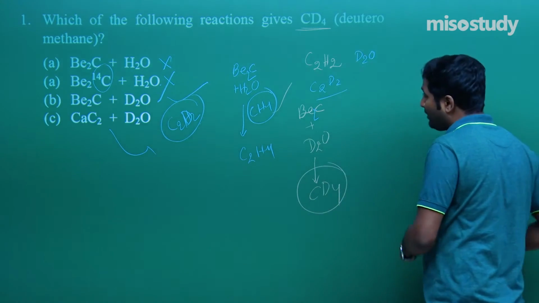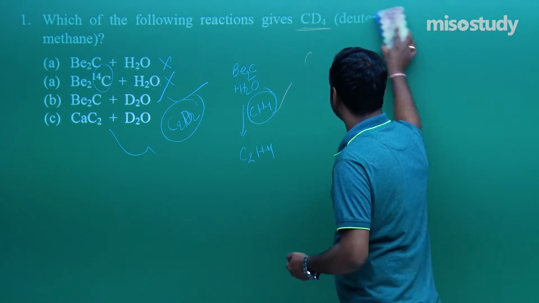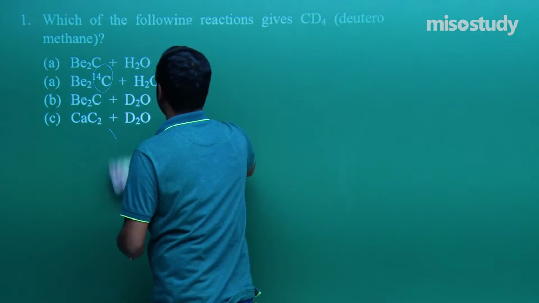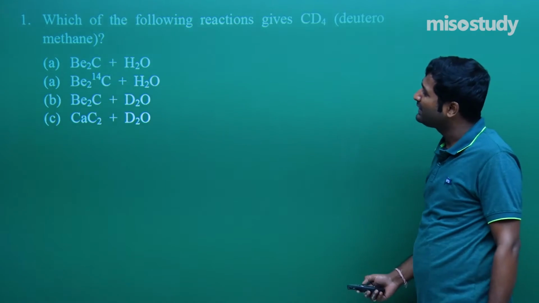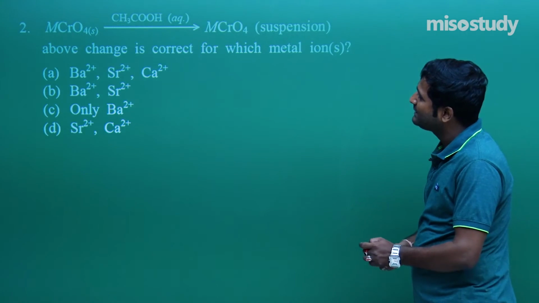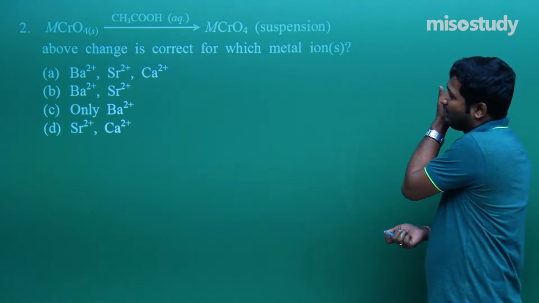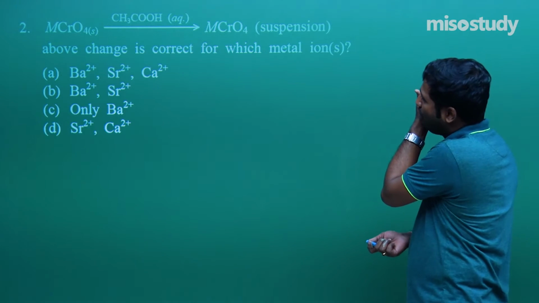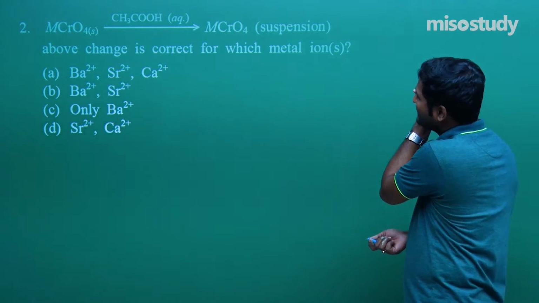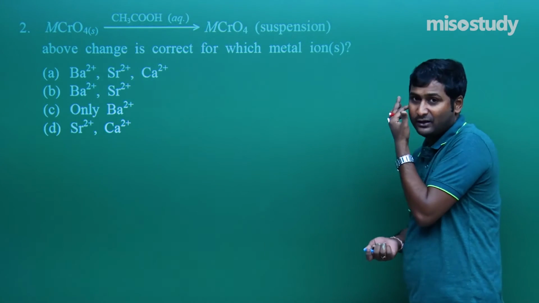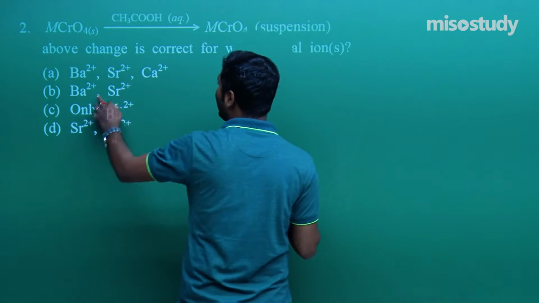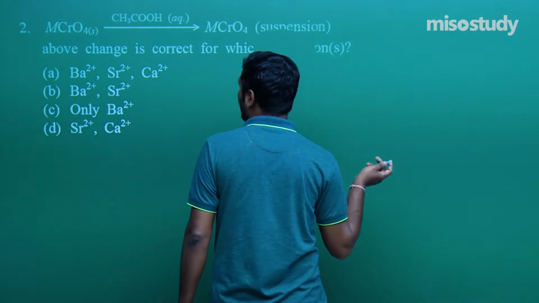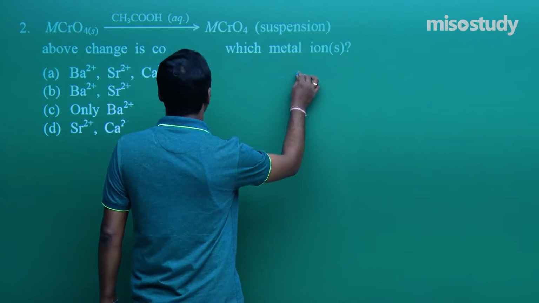Now friends, wait for a moment and give me a few seconds so that we can easily approach. Now let's move to the next question, that is the chromate MCrO4 in aqueous CH3COOH suspension, that is, not soluble. As I told you, in the case of alkaline earth metal chromates, what is the order?